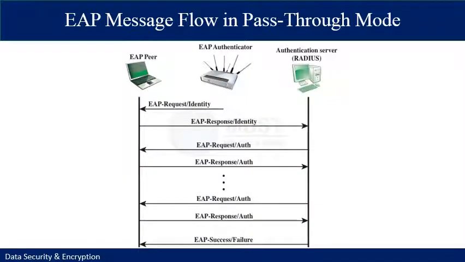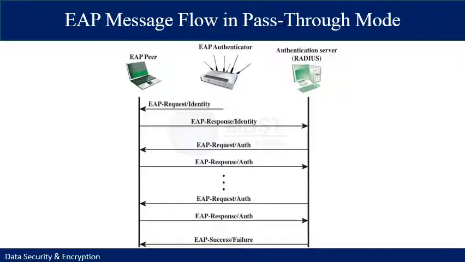So this figure gives an example of an EAP message exchange. Not shown in this figure is a message or a signal sent from the EAP peer, which was the first step, to the authenticator using some protocol other than the EAP, requesting an EAP exchange to grant access.